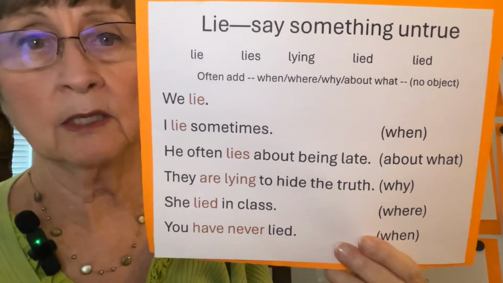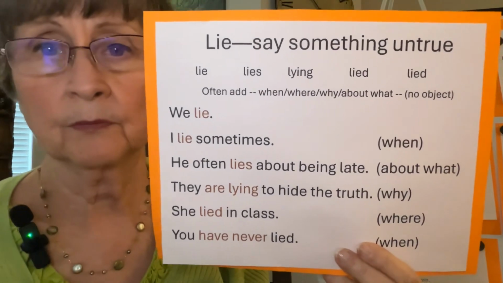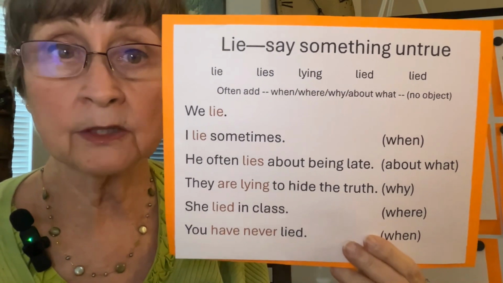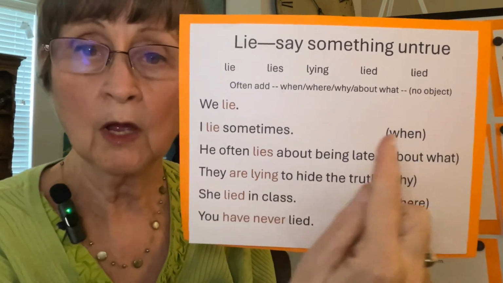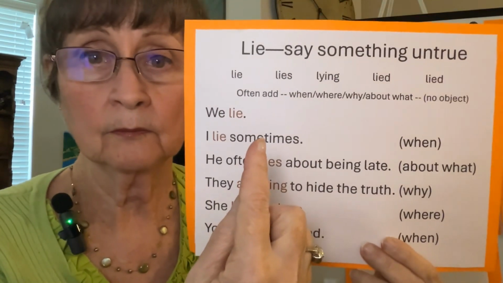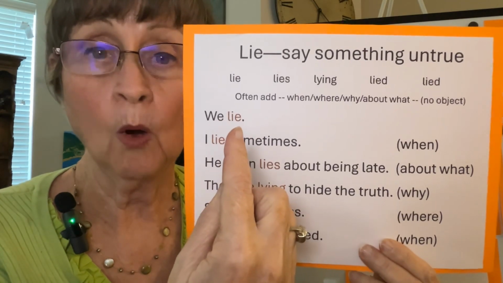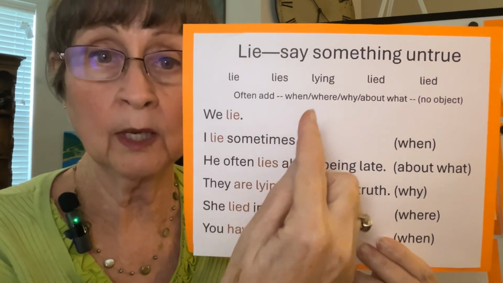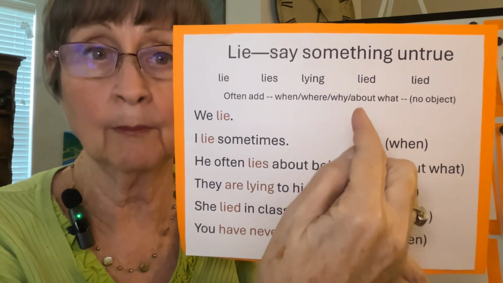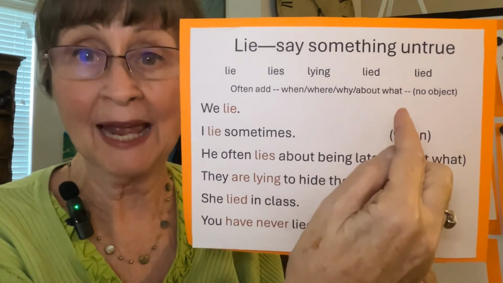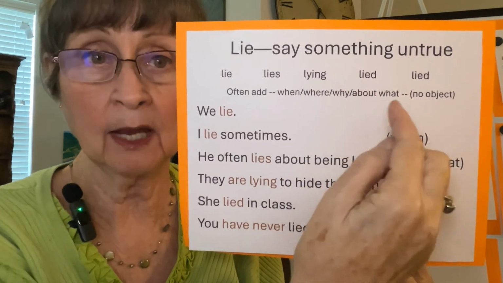Lie, when you're saying something that is not true. Lie, lies, lying, lied, lied, regular verb. Normally, we can just say lie, or often we add when, where, why, or about what. That's not a what, that's an about what, which is an adverb, prepositional phrase, adverb.